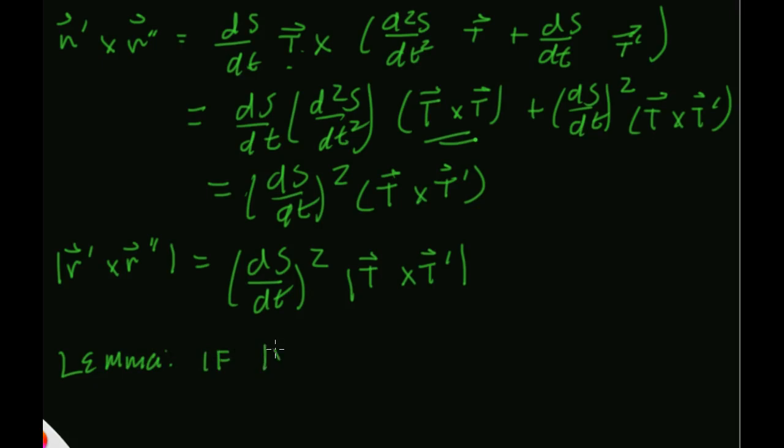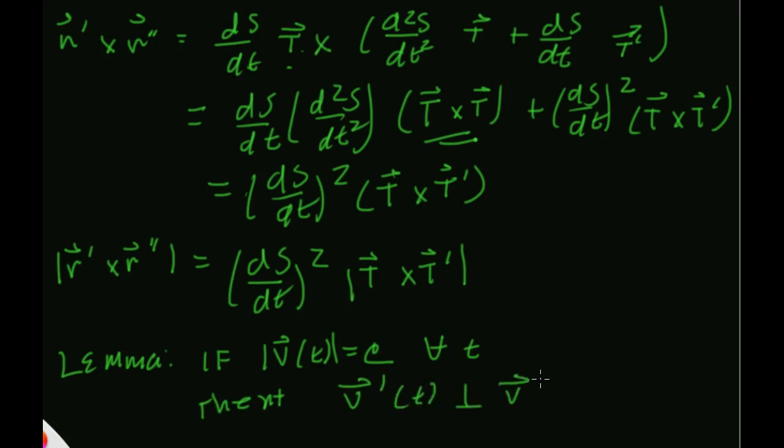We're going to say that if the magnitude of a vector is a constant for all t, then the derivative of that vector is perpendicular to the vector itself for all t. Okay, that's something we're asking you to swallow for a moment, and we're going to combine this with the law of sines, and we're going to make progress on our proof.